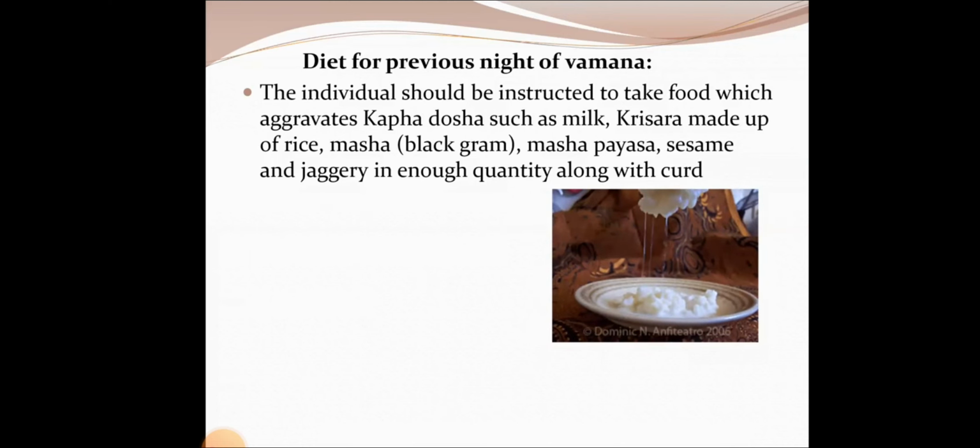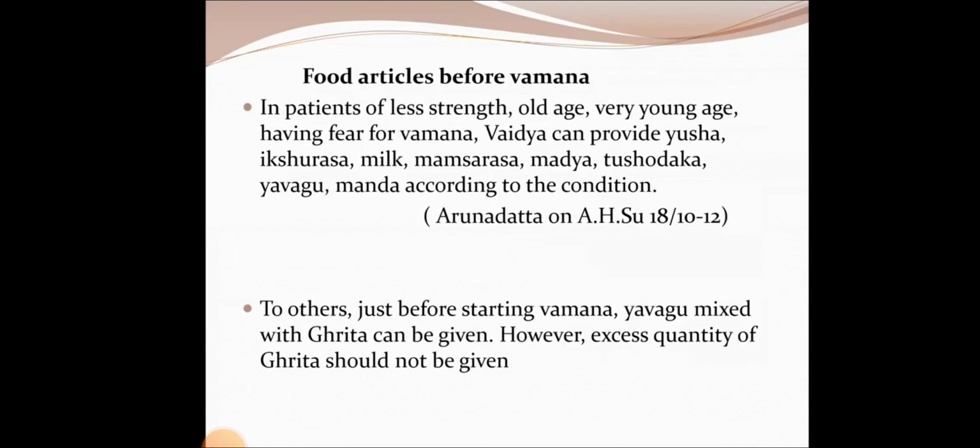That is, the person to be administered emesis should be given milk and meat, as well as meat soup of domesticated, aquatic and wetland animals, as food for the excitation of Kapha. That quotation you can learn.